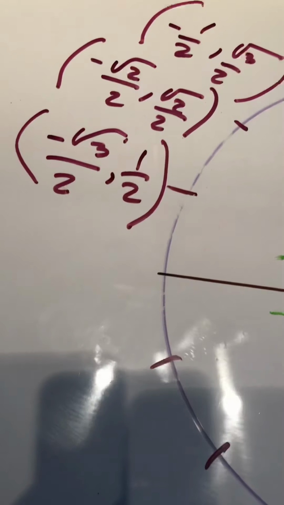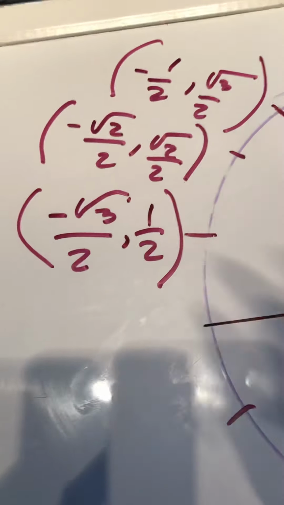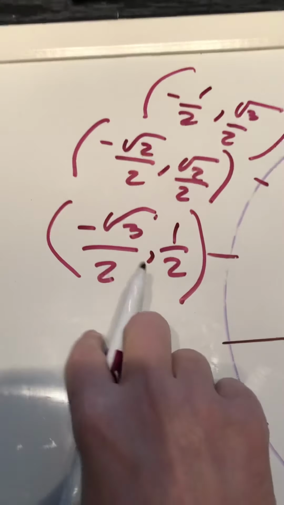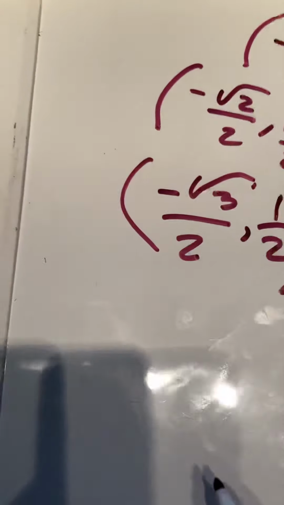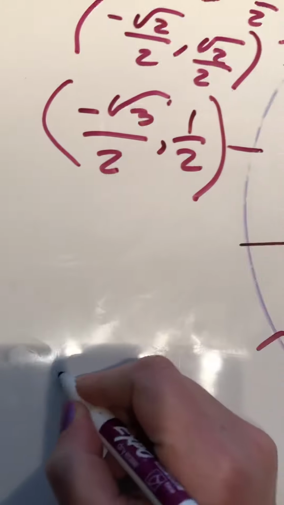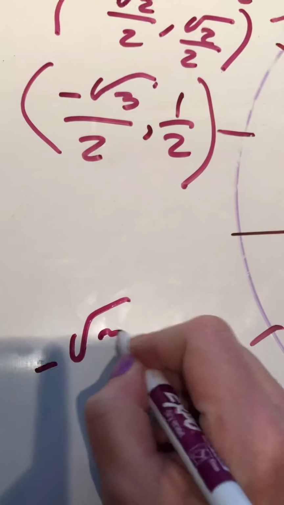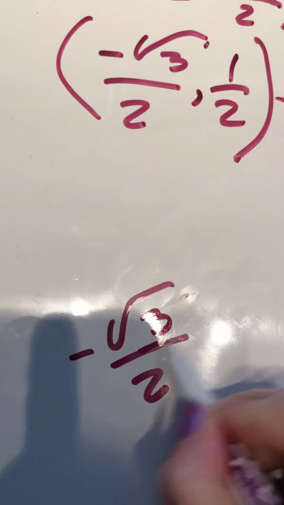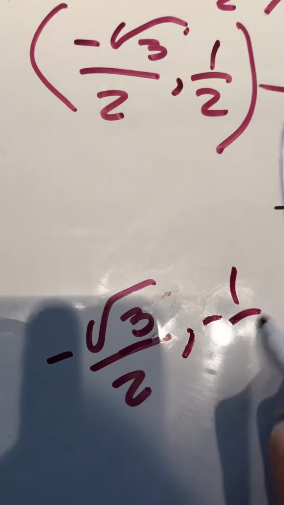Then the third quadrant is exactly the same. You're gonna flip the values and follow exactly what you've been doing. If you start here with square root of 3 over 2, remember, x negative, y negative. I'm gonna do exactly the same. I'm gonna have negative square root of 3 over 2, comma, negative 1/2.